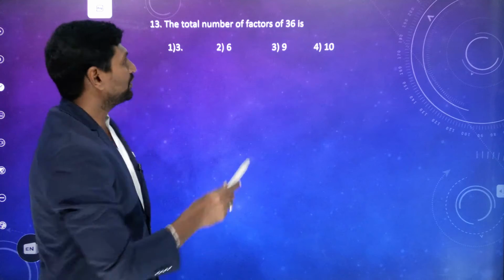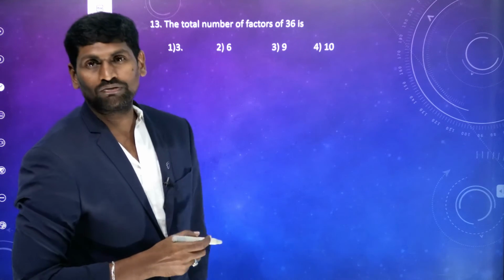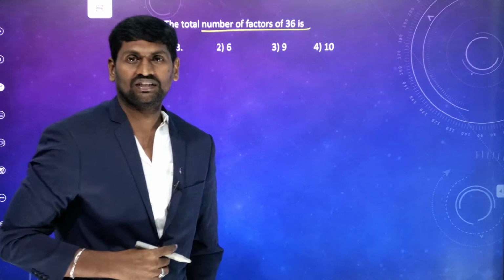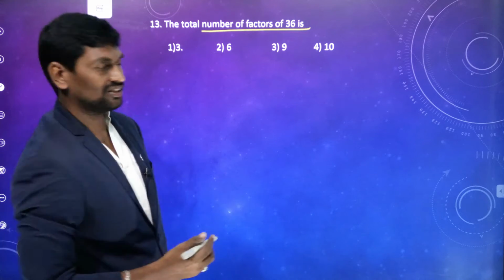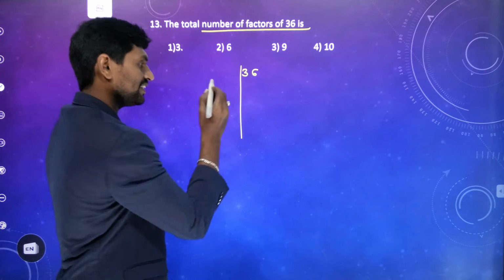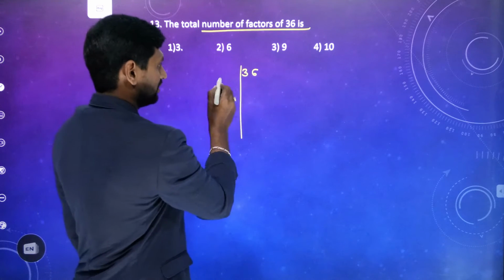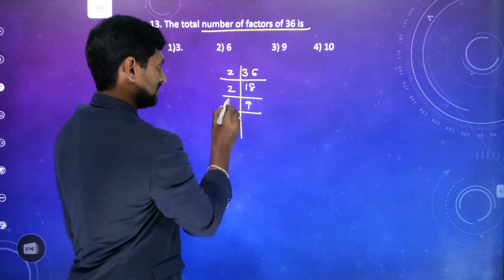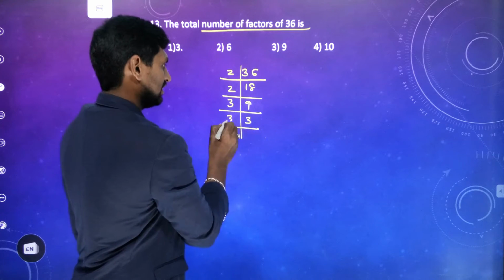Okay. Now coming to the next question, total number of factors: number of factors of 36. How to find the number of factors? We use the regular prime factorization method. 2 table: 18, again 2 table: 9, 3 threes, 3 ones.